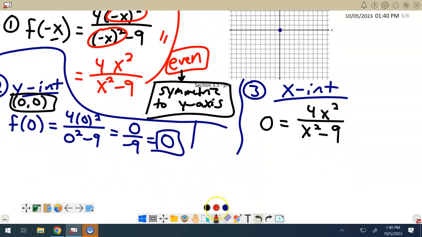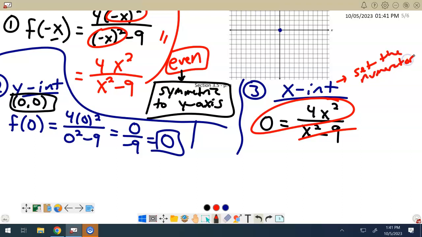The only way a fraction can equal 0 is if the numerator is equal to 0. So in fact, we can actually just ignore the denominator. When you're finding the x-intercepts, you can ignore the denominator. So the shortcut for the x-intercept is just to set the numerator equal to 0, and then solve for x.